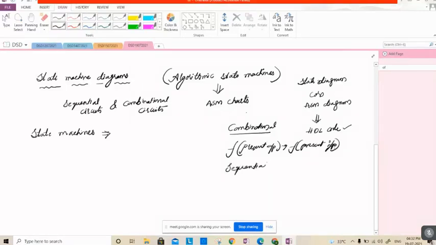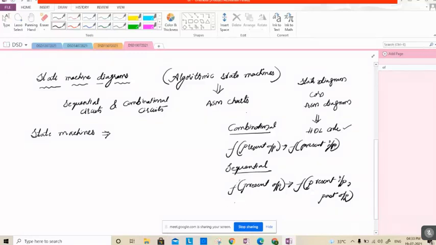Present output is a function of past input, sir. Right. So present output is a function of present input as well as past output. So this is the definition of a sequential circuit, sequential logic.